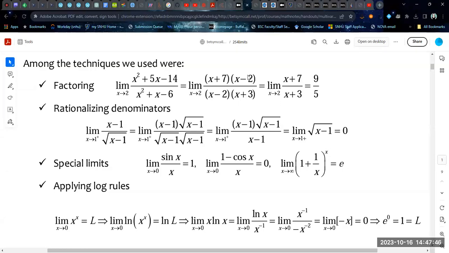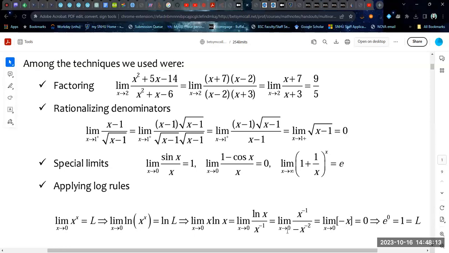If we end up with something that has common factors, we can reduce it, get rid of the division by 0, and then evaluate the function from there. We can rationalize denominators in order to get the division by 0 out that way. We may encounter special limits, the ones that we memorize and then eventually proved using L'Hopital's rule.